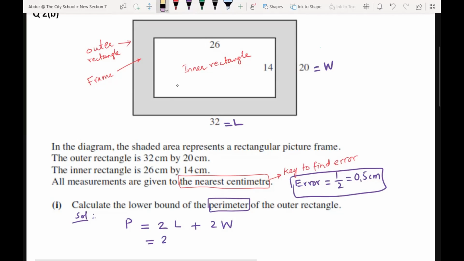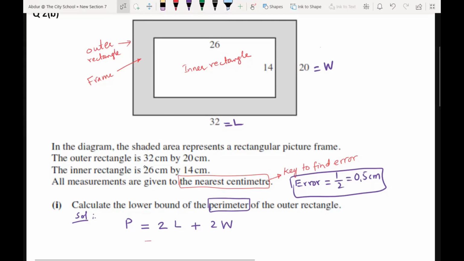Now, since you have to find the lower bound perimeter, first you have to write the simple formula: perimeter equal to twice of length plus twice of width. But you have to convert it into the lower bound of the perimeter formula.